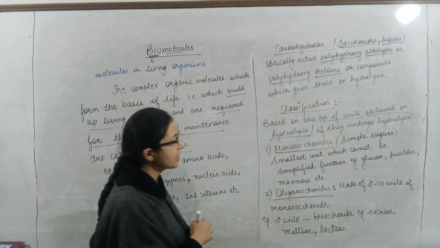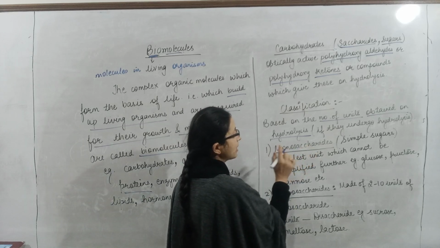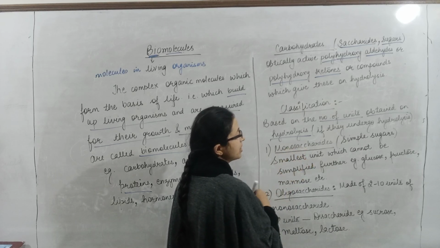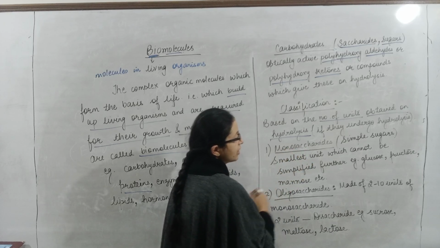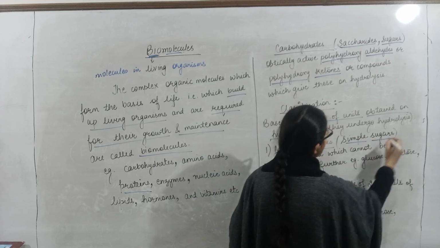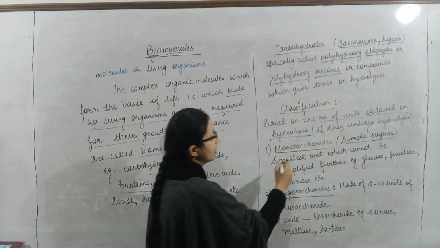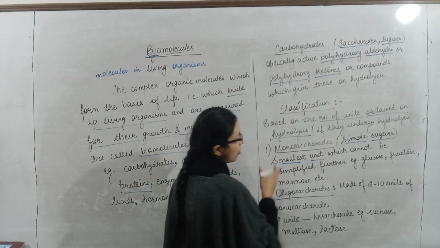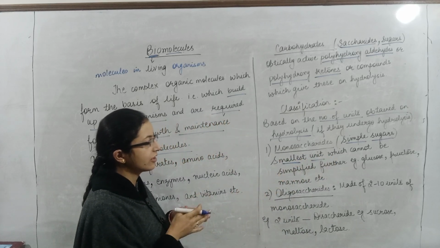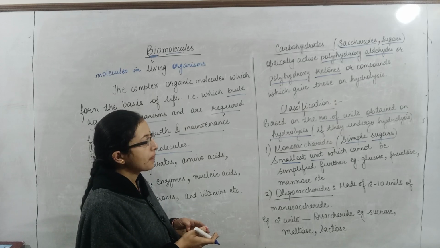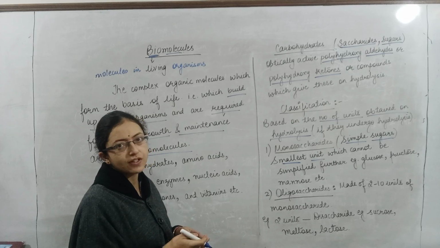Now the first one is monosaccharide. Mono matlab single, single unit. So monosaccharide means a single unit. These are also called as simple sugars. Why? Because यहाँ पर ये सबसे smallest unit रहता है. ठीक है? This is like the smallest unit which cannot be simplified further. So these do not undergo hydrolysis further.